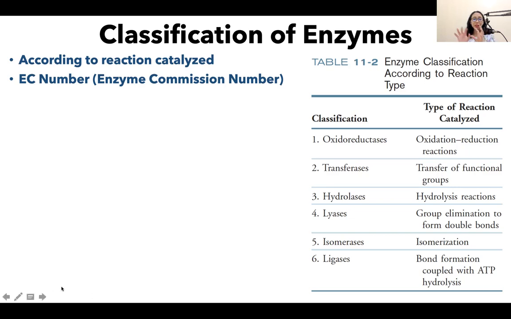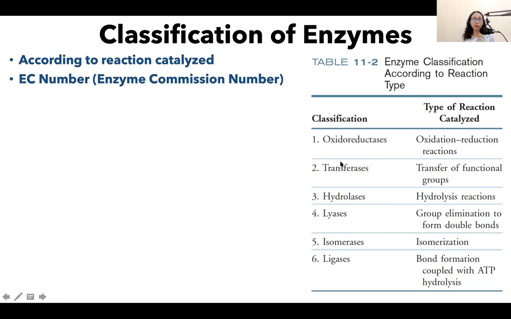And this rule on how to classify enzymes is based on six types of reactions catalyzed by enzymes. So you have the oxidoreductases that catalyze redox reactions.